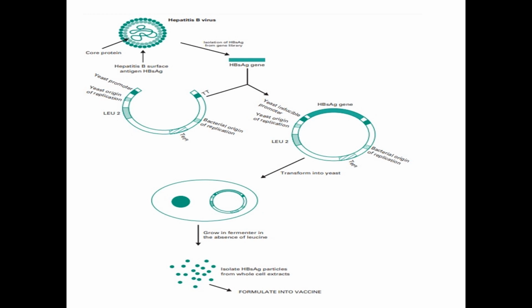After it has been cloned in here, the recombinant plasmid is grown in yeast cells, where it produces a lot of antigens that can be removed, processed and purified. Then it is given as a vaccine.